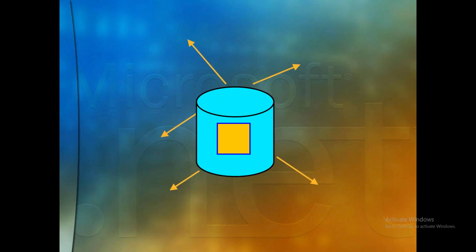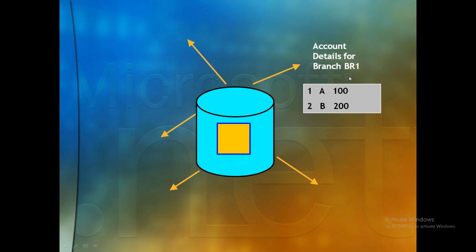So this is my database. I have a table. Think about a table called account master table or a table called transaction master table, because a database will have a lot of tables. So what is it that I need? I need account details for branch BR1. You never give an entire table to the customer, right? So you have to write a query and give the query to the customer.